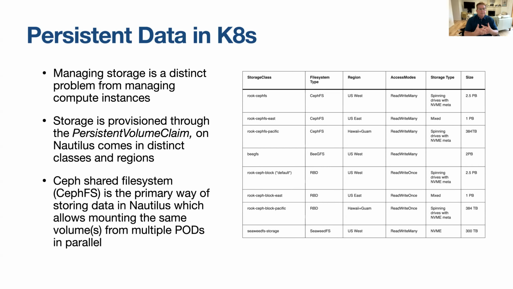It's a different thing than managing computing instances. And your storage is provisioned through this persistent volume claim. And Nautilus comes in distinct classes and regions. So in this table, you'll see that we have different storage classes and different regions.